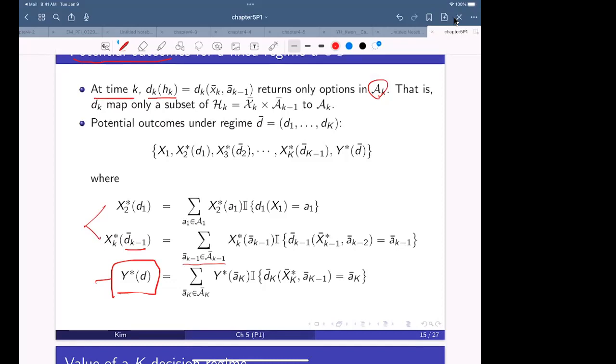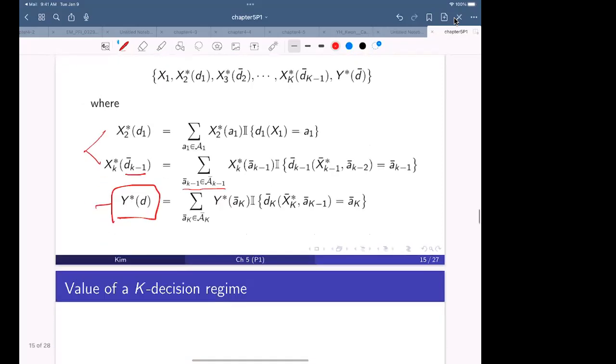I think this definition is all in terms of the potential outcome.